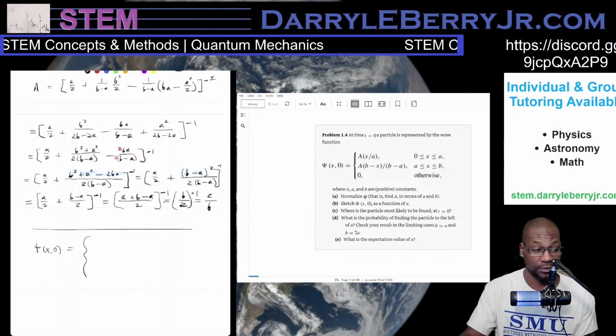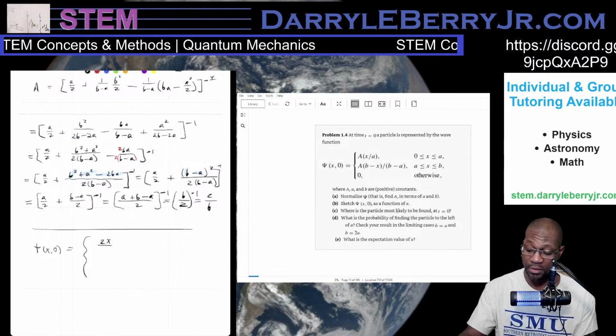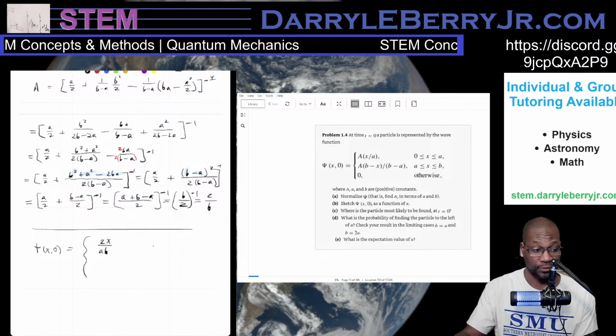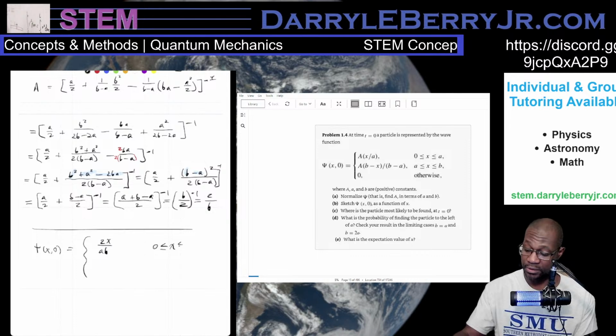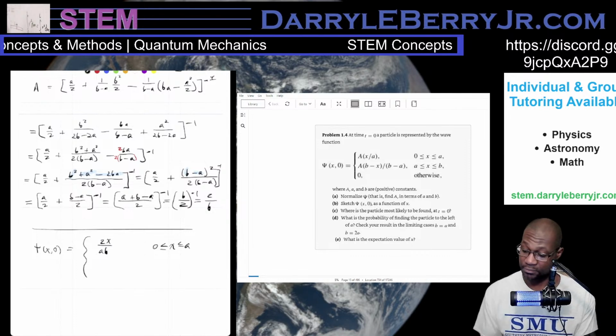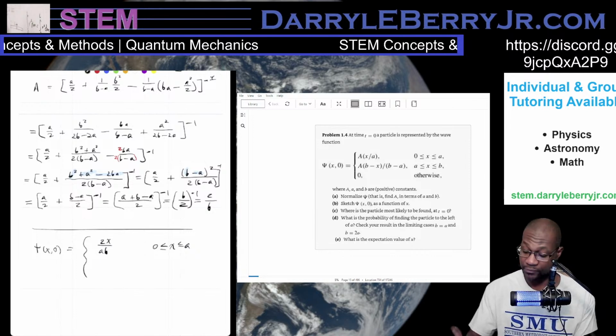So we have 2x over ab for 0 less than or equal to x less than or equal to a. And then that's 2 over b.